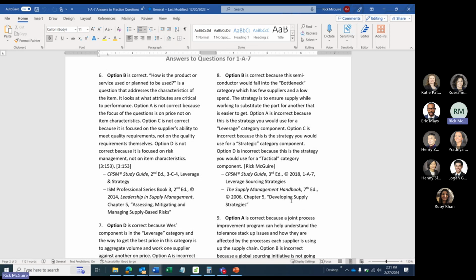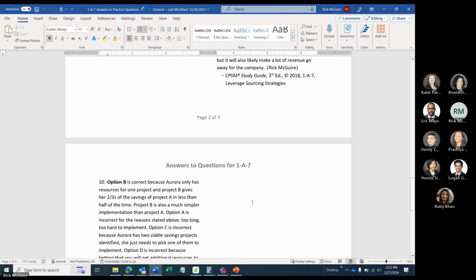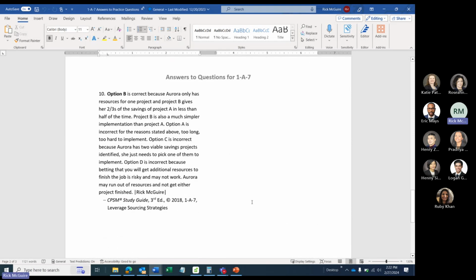This semiconductor would fall in the bottleneck category. And you want to ensure supply in the short term and eliminate in the long term. 9 is Alpha. Joint process improvement can help work on the tolerance stack up throughout the supply chain. And 10 is Bravo. Aurora has only resources for one project, and Project B gives 2/3 of the savings in less than half the time.